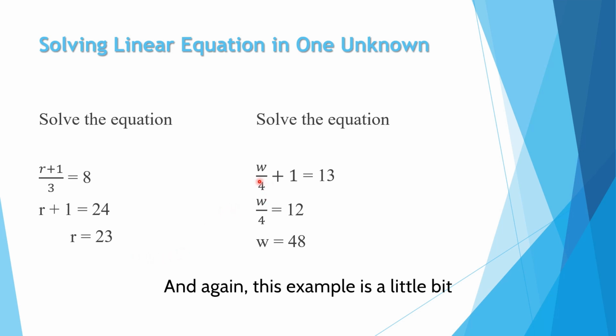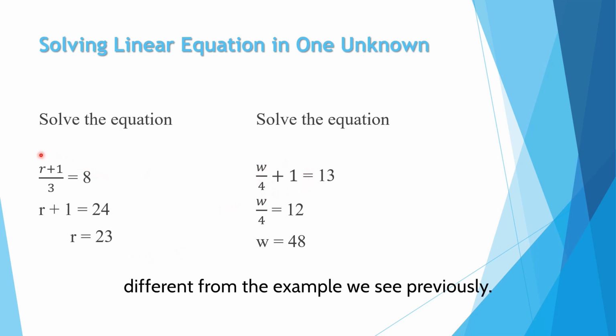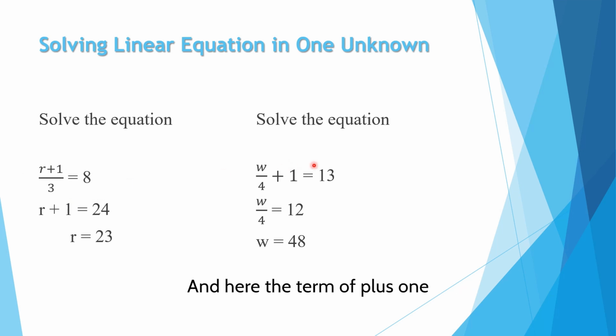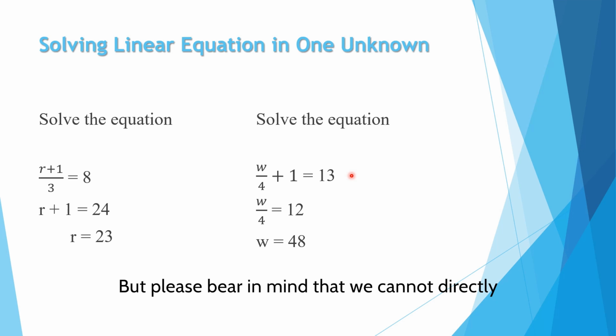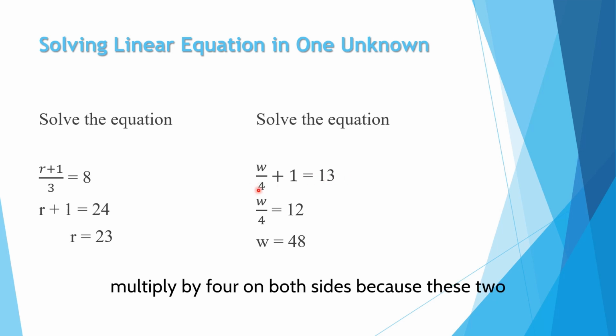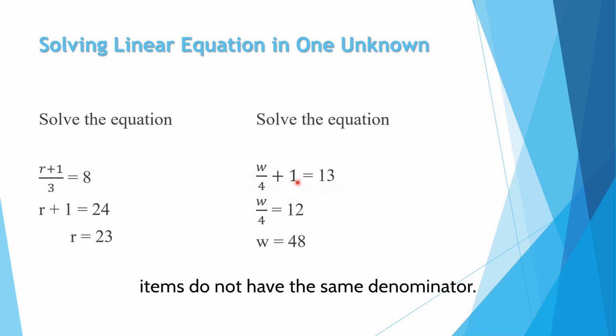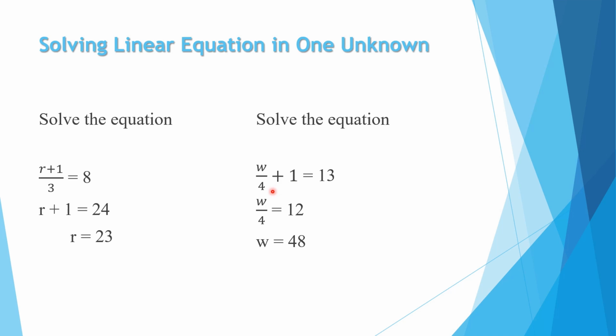And again, this example is a little bit different from the example we saw previously. And here, the term of plus 1 is separated from w divided by 4. So we need to deal with this plus 1 first. We will transpose the plus 1 to minus 1 on the right hand side. But please bear in mind that we cannot directly multiply by 4 on both sides because these two items do not have the same denominator.